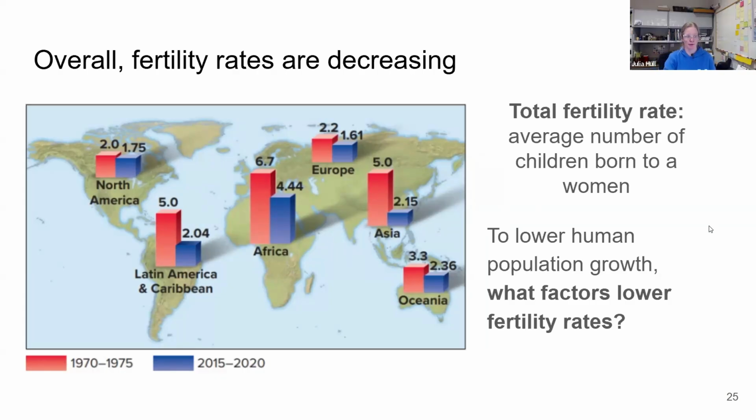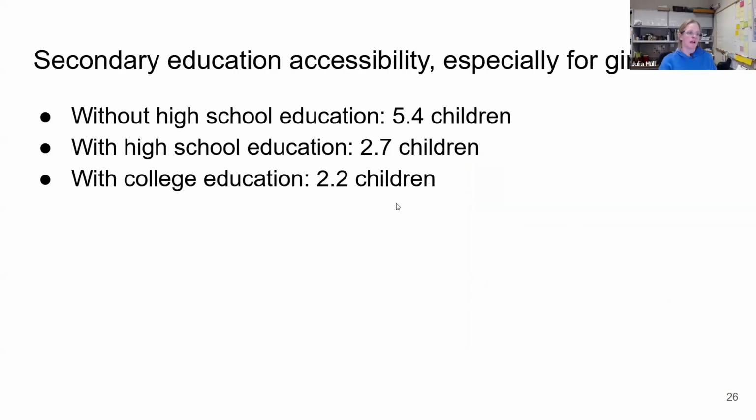So if we're concerned about having enough resources for humanity, we might need to think about how we can lower those total fertility rates. One way that we can do that is to make sure that there's secondary education available for all people, especially for women and girls.